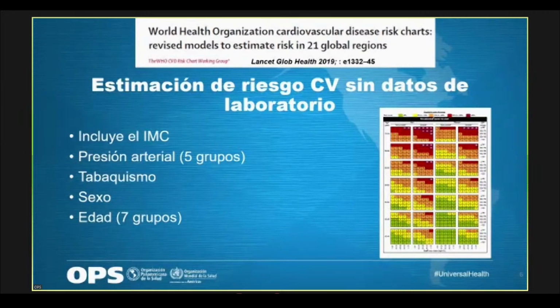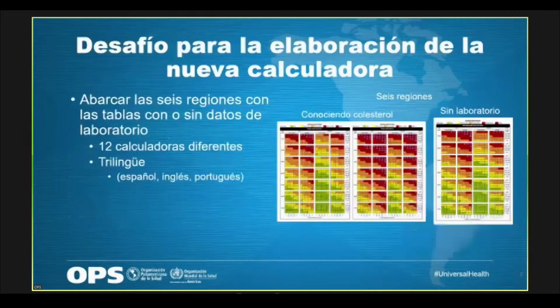They also developed an assessment of cardiovascular risk that includes BMI, blood pressure divided into 5 groups, tobacco consumption, gender, and age without cholesterol.